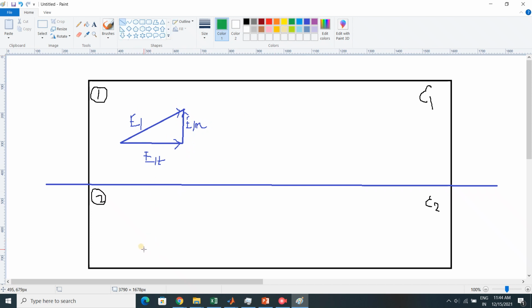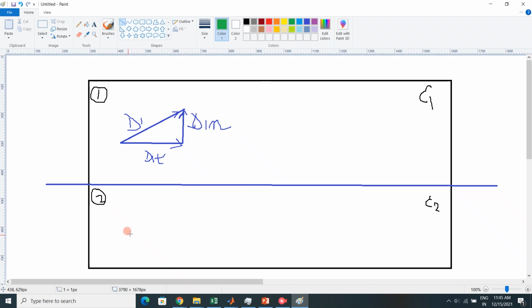Similarly, we will not deal with the electric field intensity; we will deal with the electric flux density. D1, the electric flux density, is divided into a tangential component and a normal component.